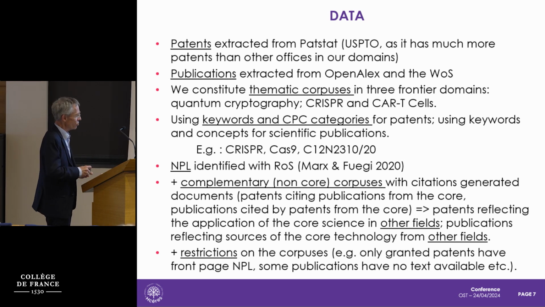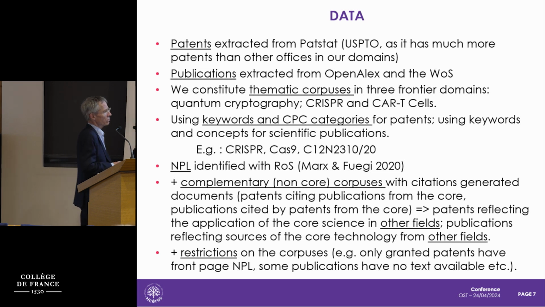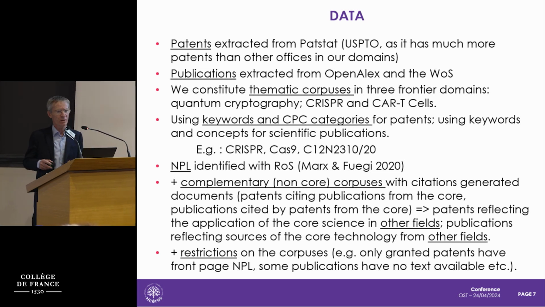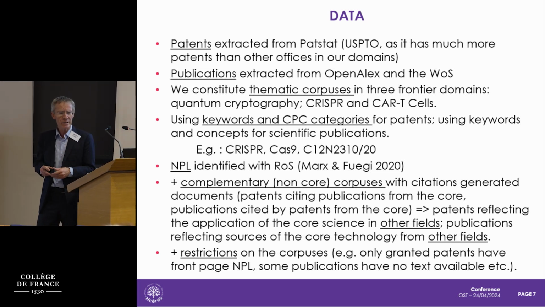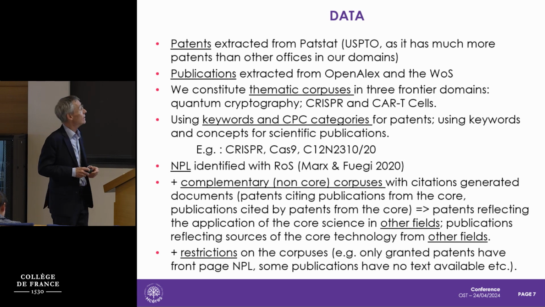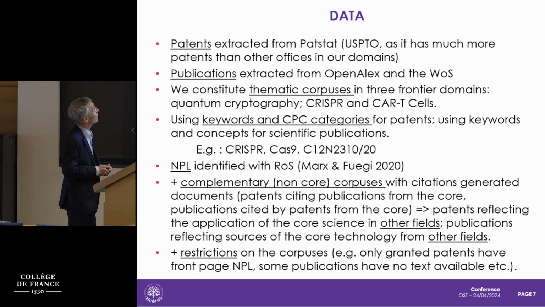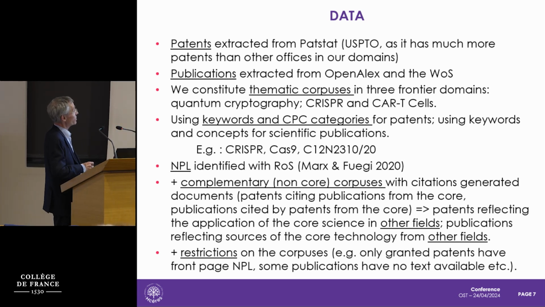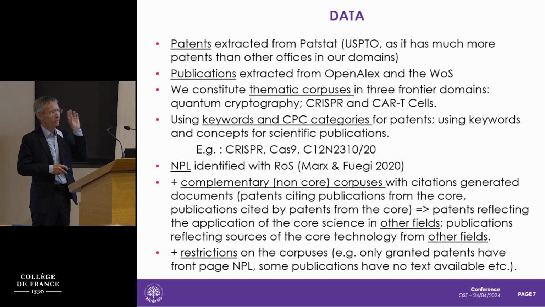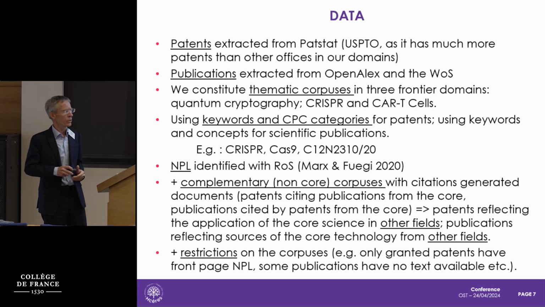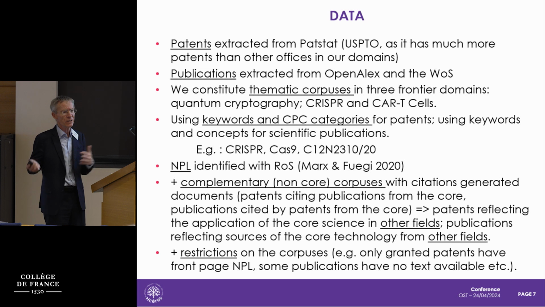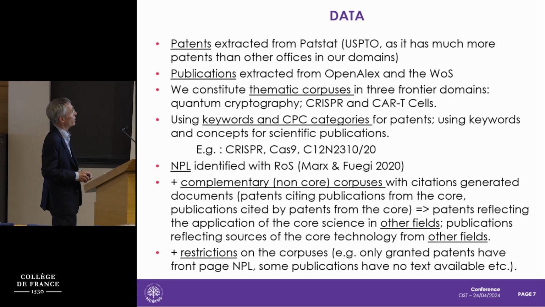So what we did, going to the core of the work, is set up corpuses for 3 very advanced domains: CRISPR, quantum cryptography, and CAR-T cells. Corpuses of publications and of patents, using standard techniques with CPC classes, keywords, and the like.